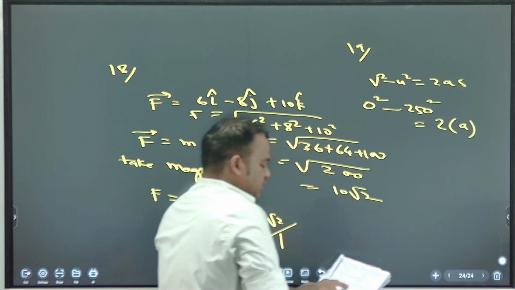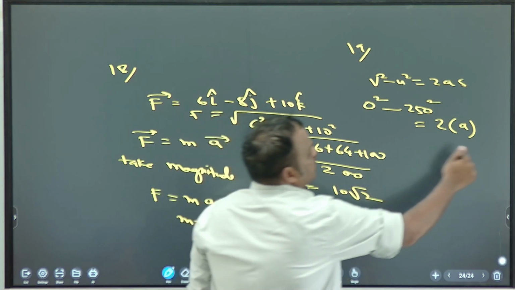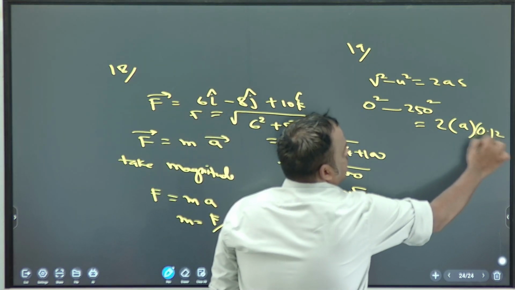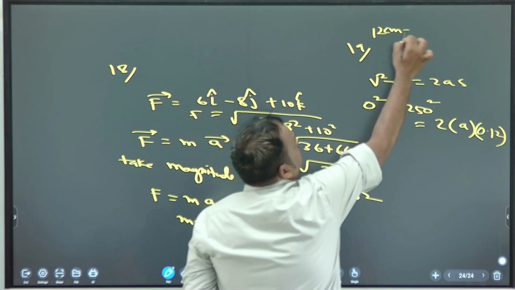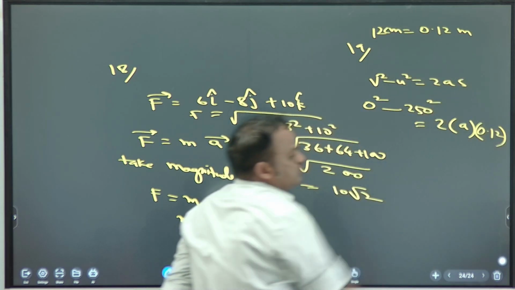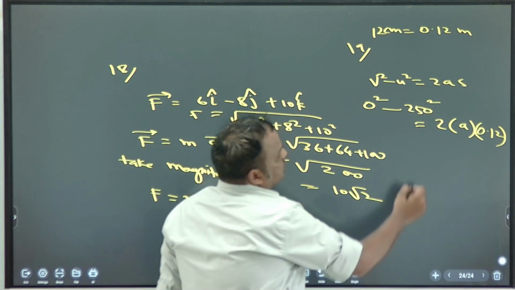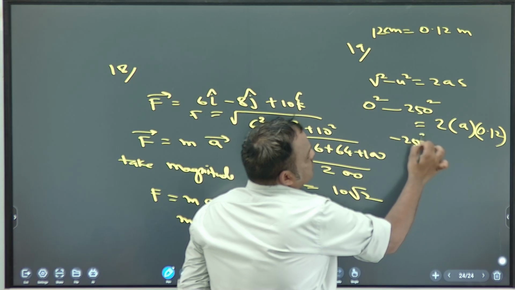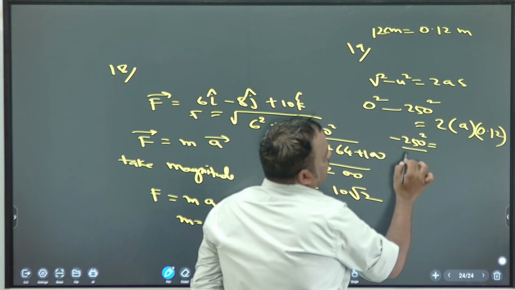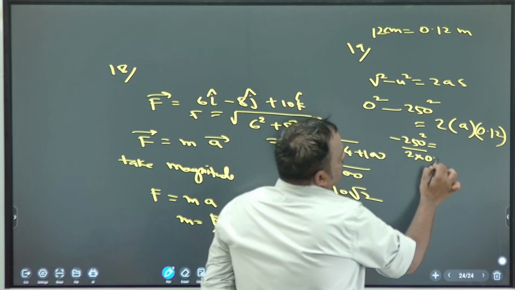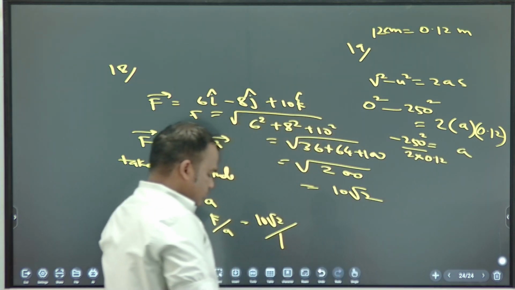And how much is it penetrating? 12 centimeters. So displacement is 0.12. 12 centimeter can be written as 0.12 meter. Now find the acceleration. So 250 square divided by 2 into 0.12 is equal to a.